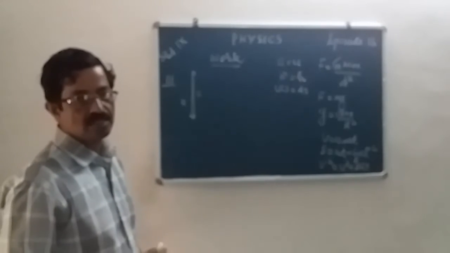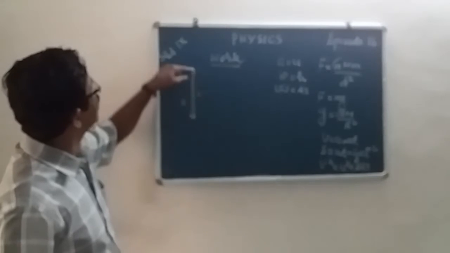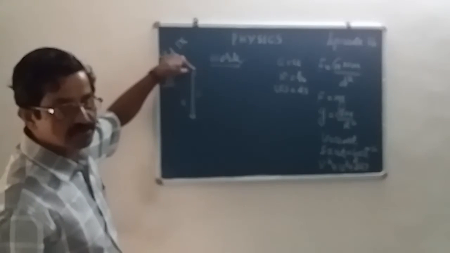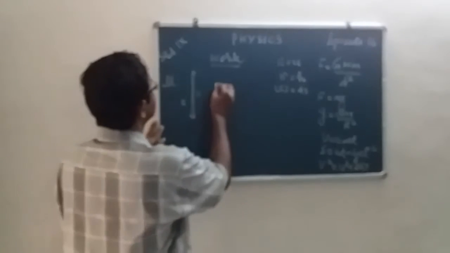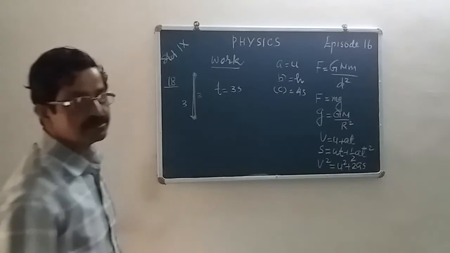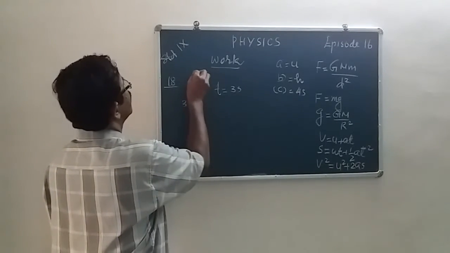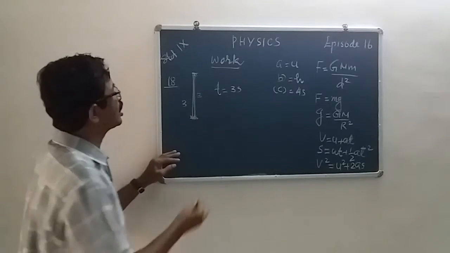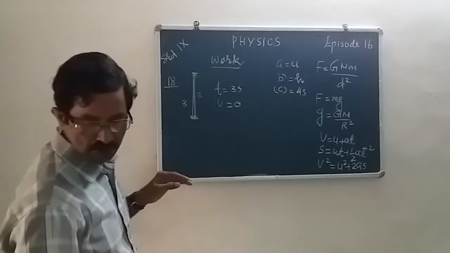So when it reaches maximum height, the time taken is 3 seconds. So here t is equal to 3 seconds. And at the topmost point, its final velocity v is equal to 0.